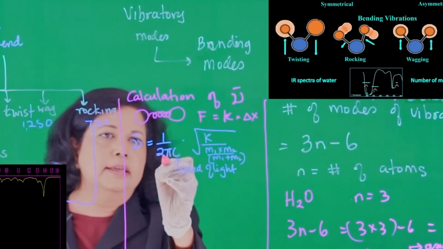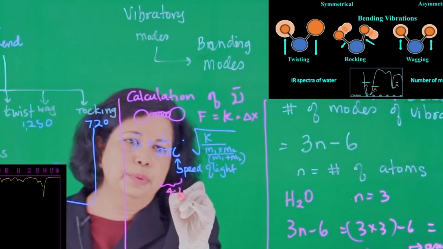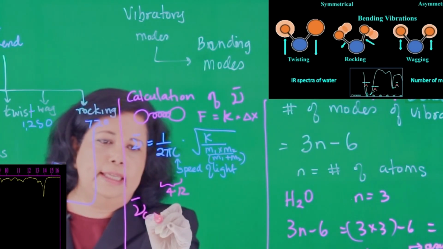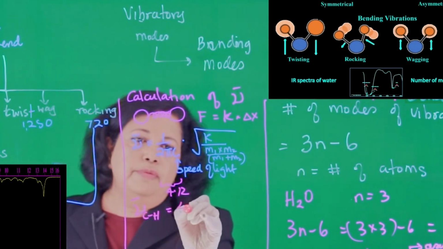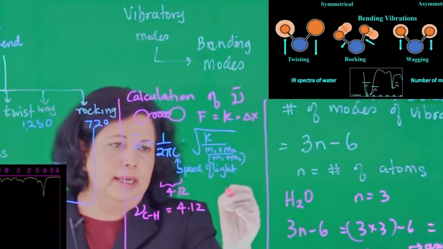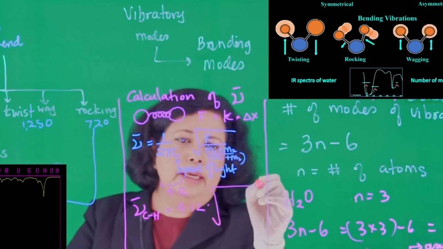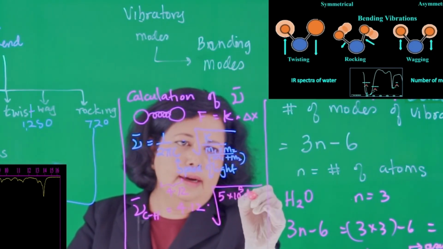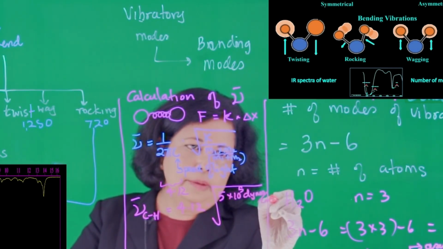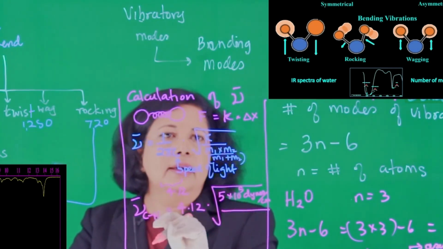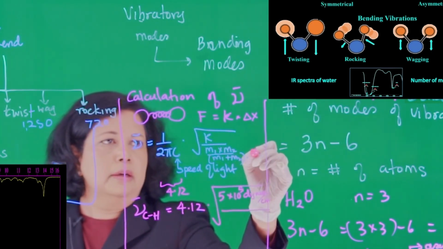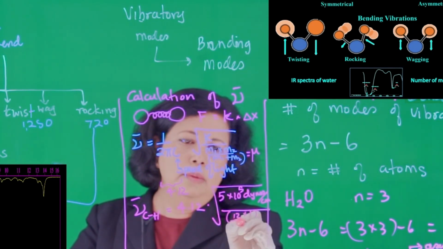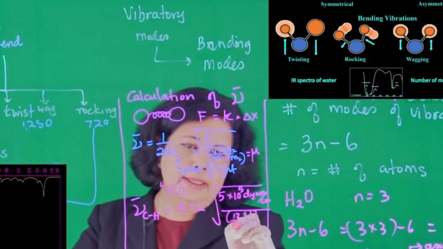So all of this works out to be 4.12. The force constant, let's say we can calculate this for a CH bond. That is going to be 4.12 because these are all constant values, times the square root, and here this is 5 times 10 to the 5 dynes per centimeter, divided by the reduced mass, which is 12 times 1 over 12 plus 1, okay?